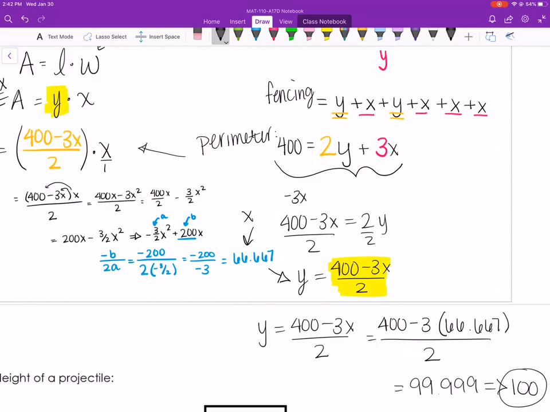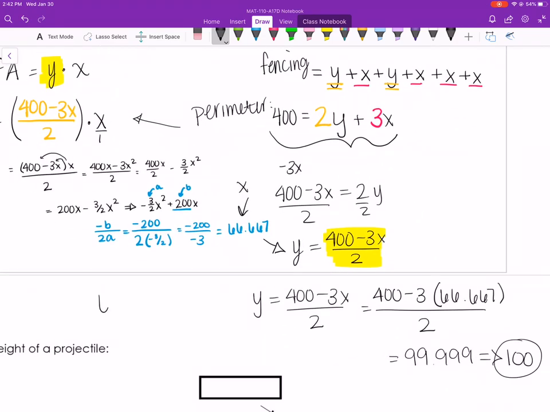So my dimensions are, we're going to say 66.7 by 100. Now you can write 66.6 as either an improper fraction or a decimal. With the real world problems, I'm good with decimals.